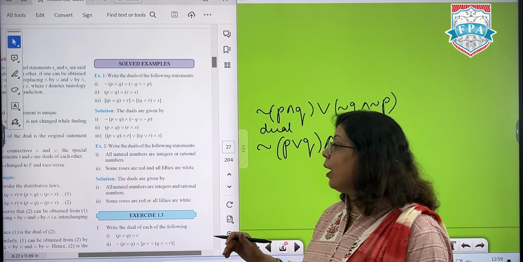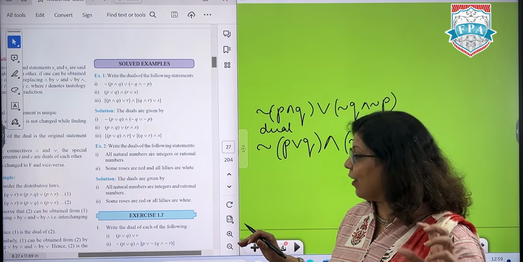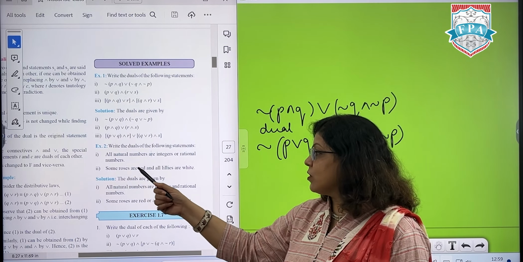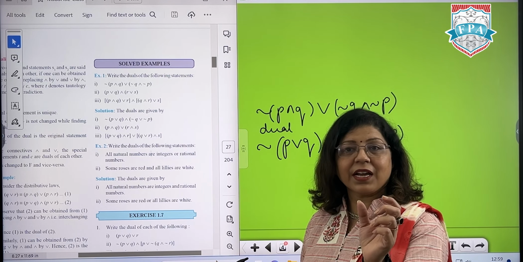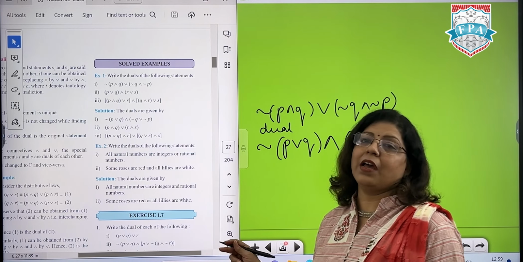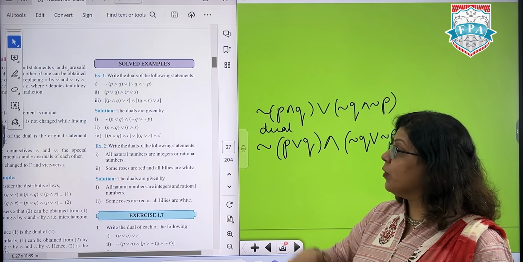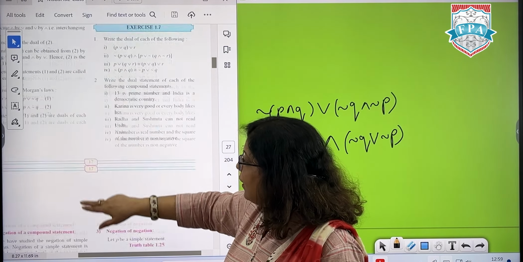The dual of this will be all natural numbers are integers or rational numbers. Similarly, some roses are red and all lilies are white. So and is the connective that will change, so some roses are red or all lilies are white. So I hope this part is clear, and you can easily write the duals of the statement.